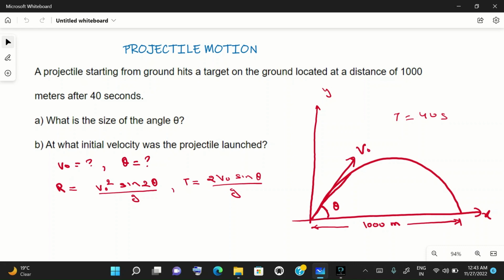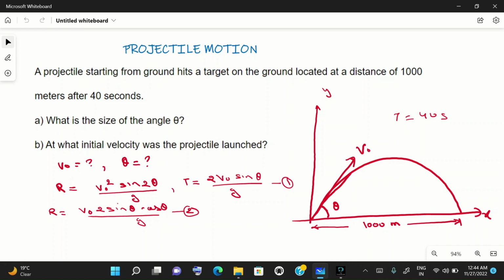So we can write R is equal to v0 square, sine 2 theta can be written as 2 sine theta cos theta, divided by g. Suppose this is equation 1, this is equation 2.